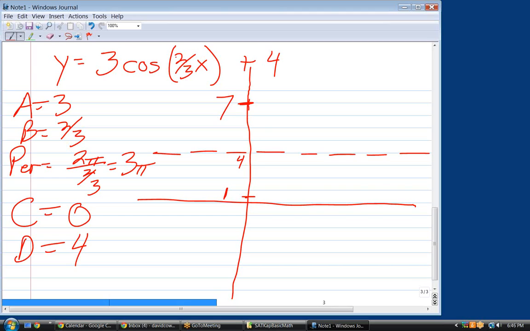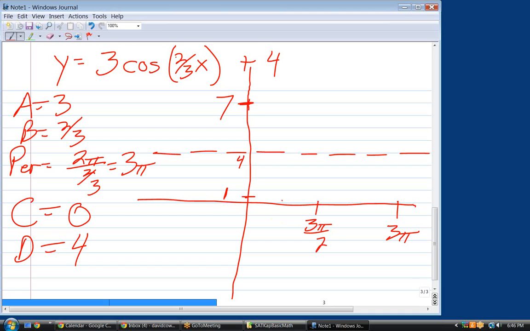My period is 3 pi. So if I go out to here and label that 3 pi, now I've got to quarter it. Start by halving it. So then it would be 3 pi over 2.